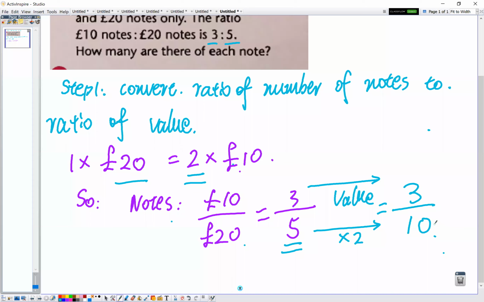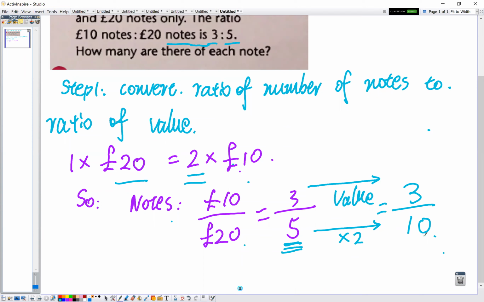Let me repeat again. This is a difficult one. The reason why I do this is that one £20 note in terms of value is equivalent to 2 £10 notes. Now, the question tells me £10 to £20 notes, in terms of the number of notes, is 3 to 5. We have 5 portions of £20 notes, so in terms of value, it's going to be times by 2.